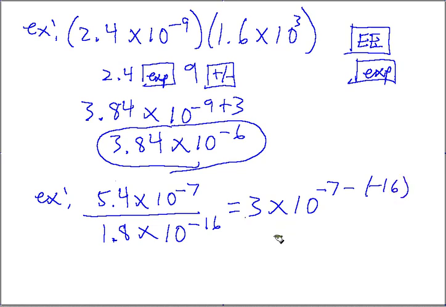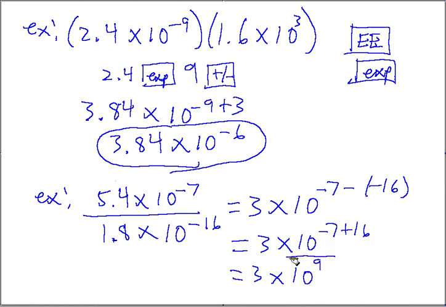That'll give us 3 times 10 to the negative 7 plus 16, which is going to be 3 times 10 to the 9th. That's basically 3 billion if you write it out as the actual number. So 3 times 10 to the 9th, negative 7 plus 16, as our solution.